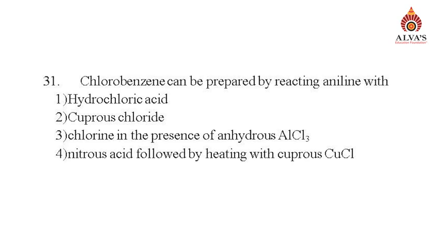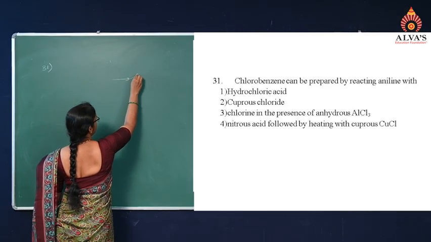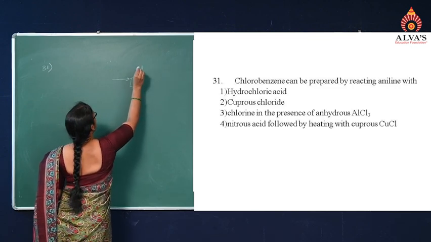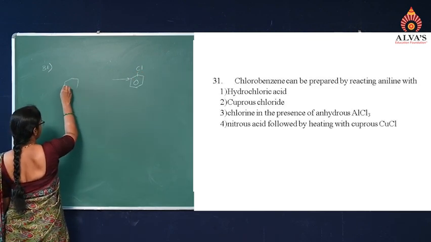Question number 31. Chlorobenzene can be prepared by reacting aniline with, we have to prepare chlorobenzene, and the starting material given to us is aniline.